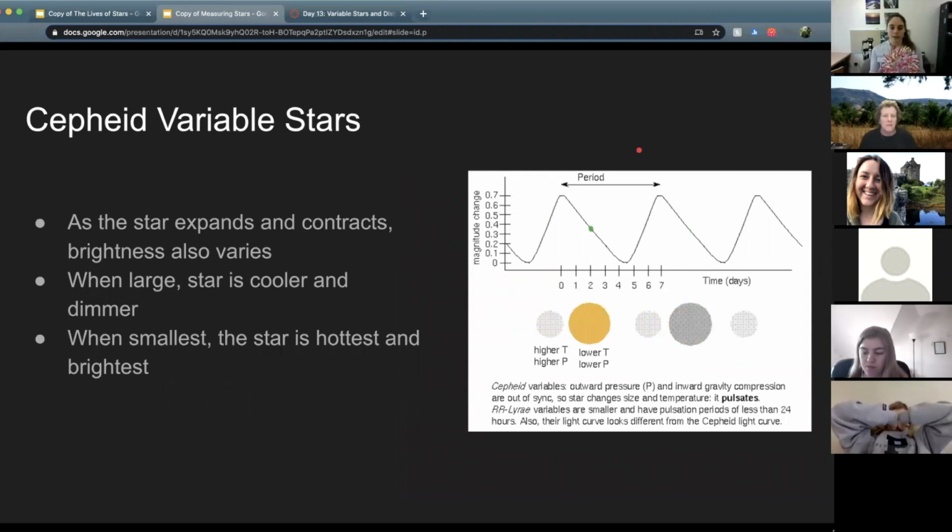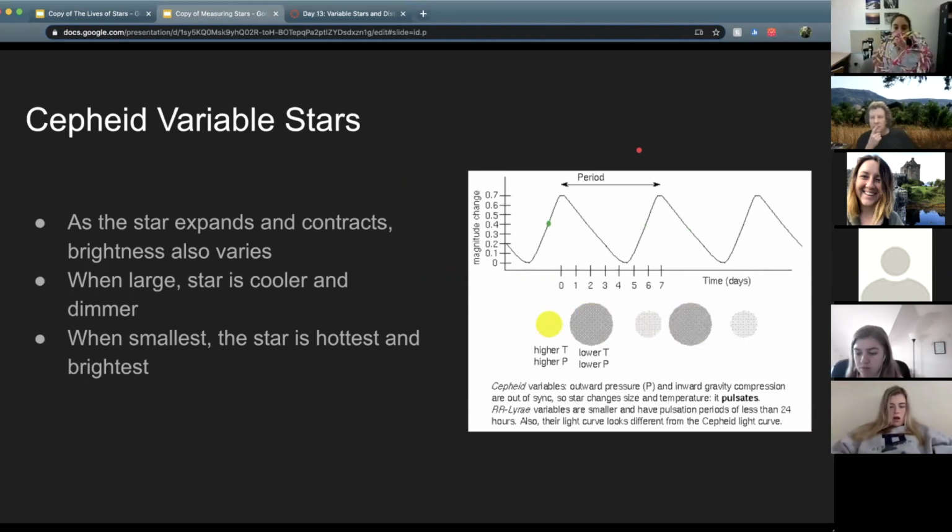When the star is largest, when it has expanded out a lot, we're seeing an outer cooler layer. So even though the core is really hot, the outer layer is really cool and the star will look dimmer. When the star is contracted and hot, we are seeing the hotter surface, and the star will increase in brightness.